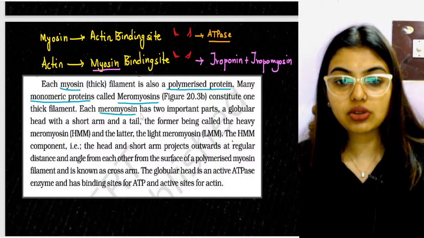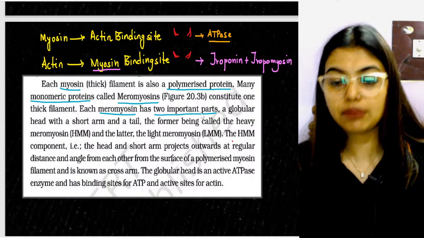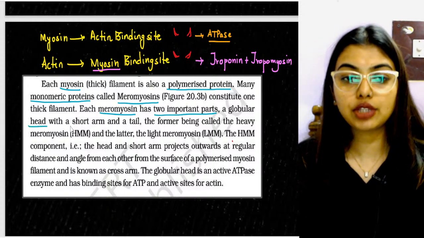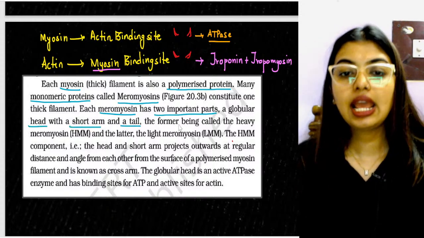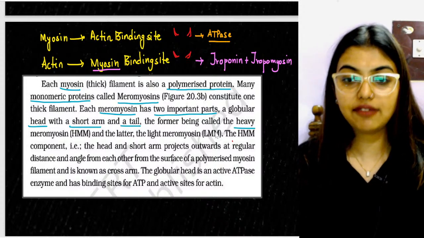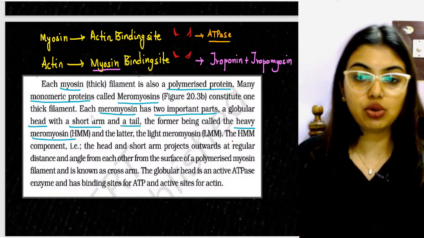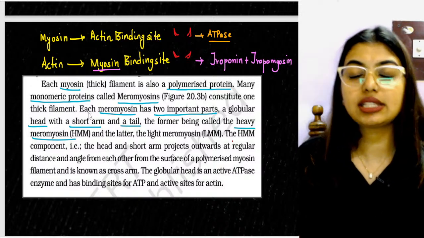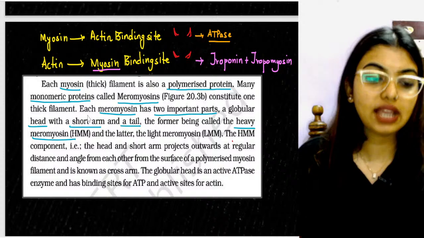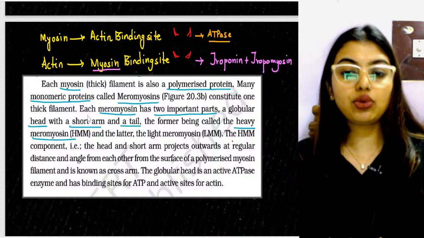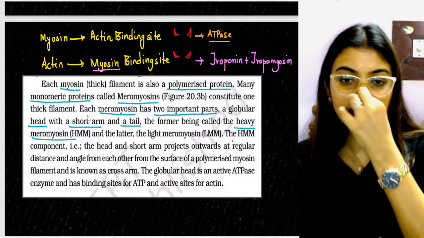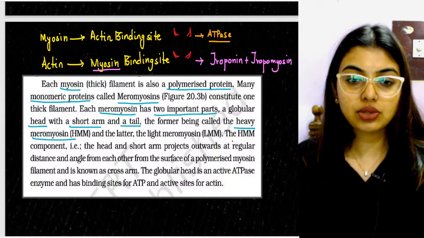Each meromyosin has 2 important parts: a globular head with a short arm, and a tail. The former region is called the heavy meromyosin, and the latter is called the light meromyosin. The HMM, the heavy meromyosin, consists of the head and the short arms projecting outwards at regular intervals, at angles to each other. These are known as cross arms.